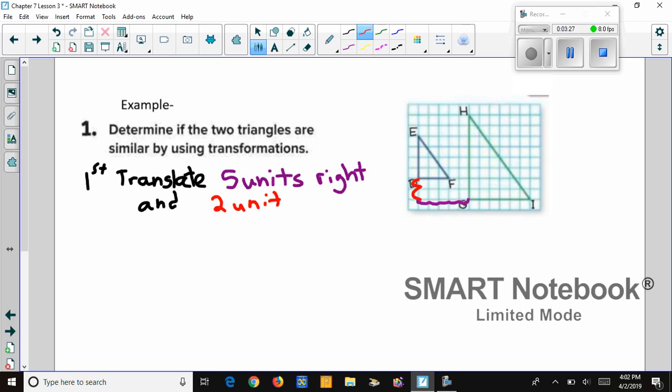That covers the first part. Let's go ahead and now figure out whether all the sides have the same ratio. And what I mean by that is we're going to look at how the sides compare to each other.